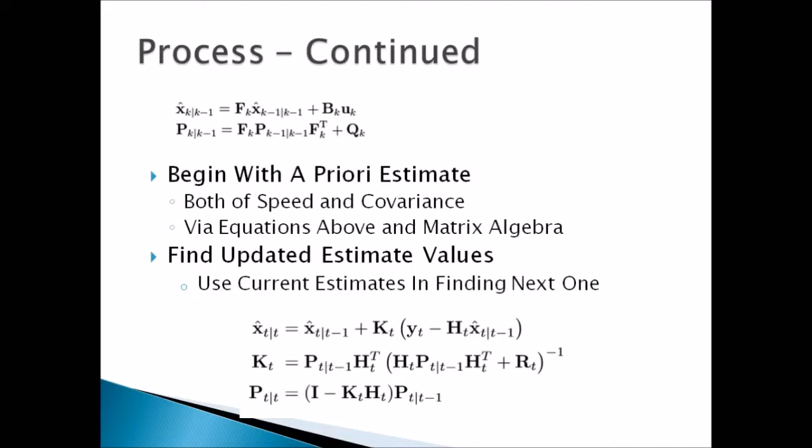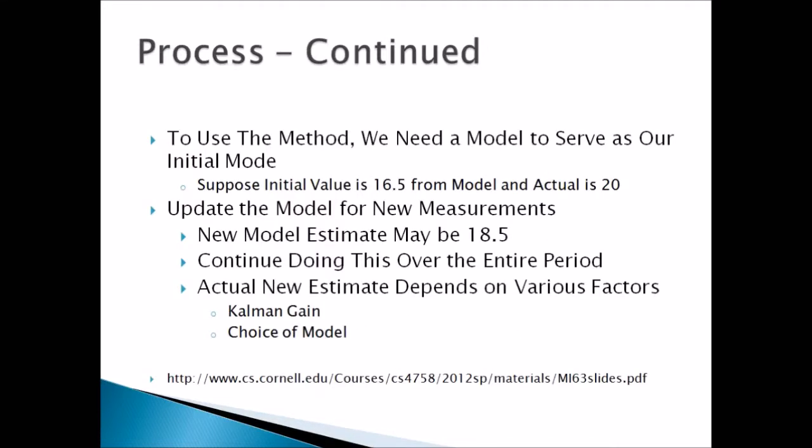And these are the very generic calculations listed that are needed to do the Kalman filtering. Some of these factors are used to adjust different models, and it really depends on the model, some of these choices of factors. Now, as I've described, we need to start with an initial model. Let's say our aircraft initial speed is 16.5, and that's our model estimate at least.